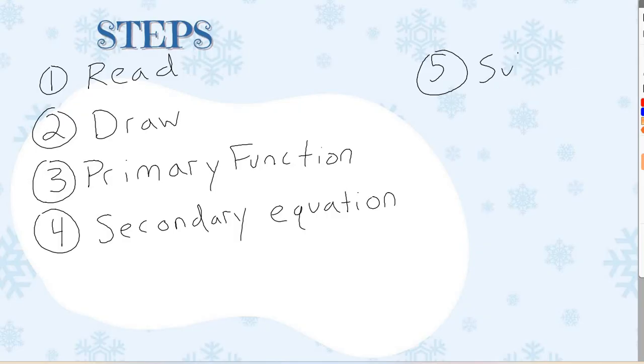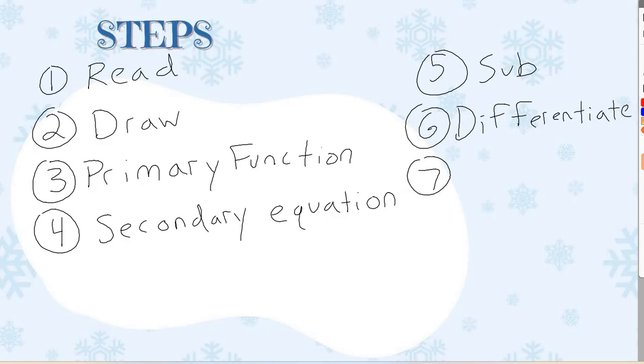Because then step 5, we're going to substitute whatever equation we found on step 4 back into step 3, so that way we only have one variable in our equation now. Because then our next step is to differentiate, which remember just means take the derivative. Next we're finding our critical values, so setting it equal to 0 and solving.